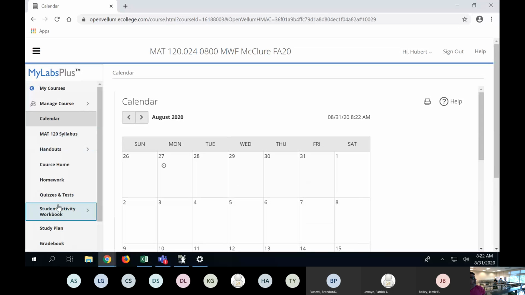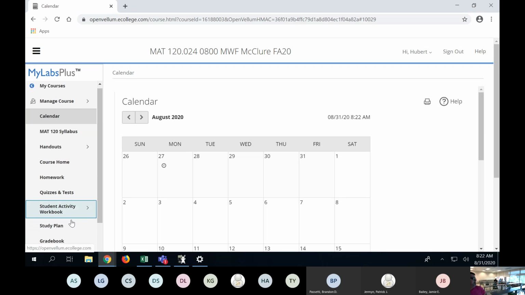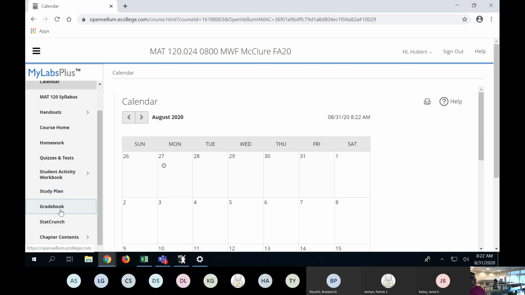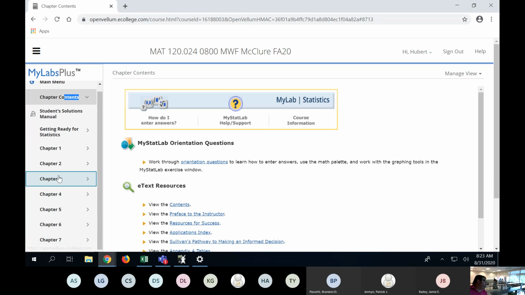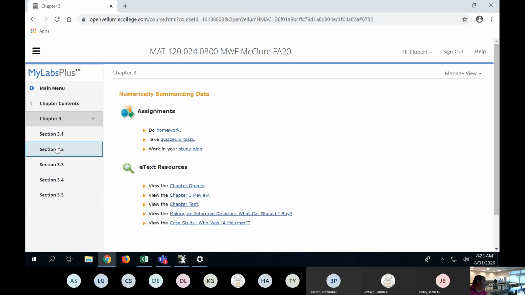If somebody has a book and they can tell me where they go into the variance and standard deviation, I think it's like 3.2. Somebody help me out if somebody's got a book. Okay. So let's go to chapter contents, 3.2.